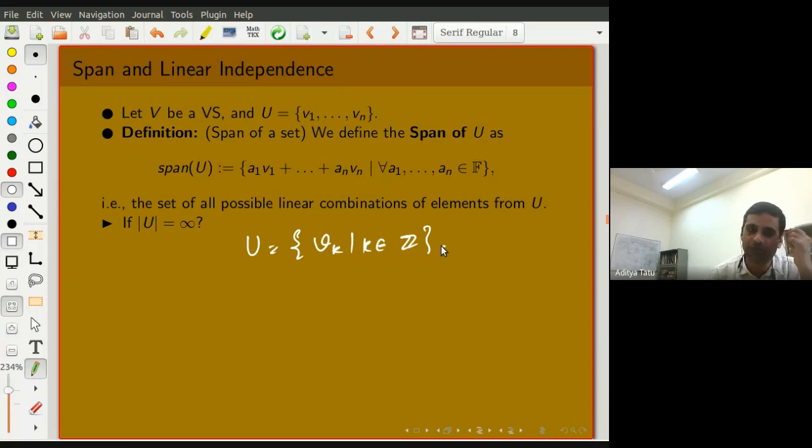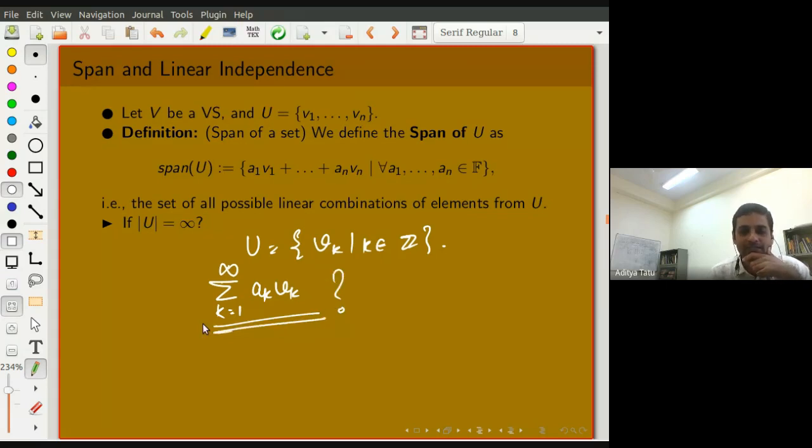What does it mean for something like this? Can I define what this means? So A1 V1 plus A2 V2, and so on and so forth. It never stops, right? Does the vector space have enough tools available with it to define this?